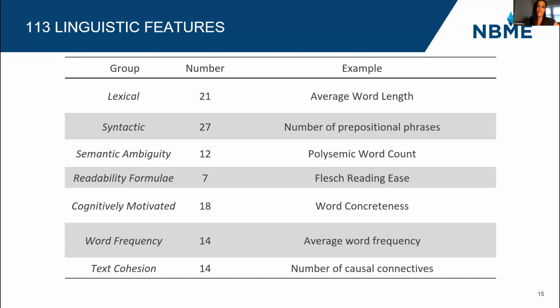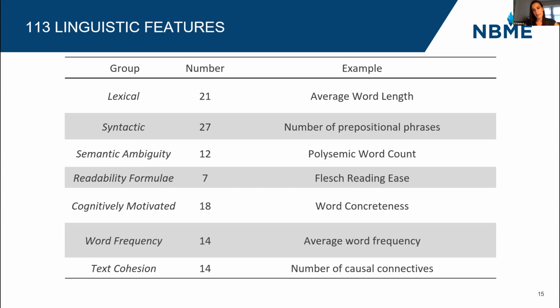So here we have ranging types of linguistic features from basic levels such as lexical and syntactic, with examples such as average word length, number of prepositional phrases, sentence length, to higher order linguistic processing levels such as cognitively motivated features, telling us how concrete or abstract a word is, for example. And we have 113 of these features that refer to the linguistic characteristics of the item text.